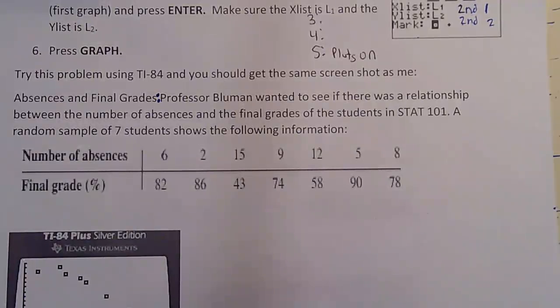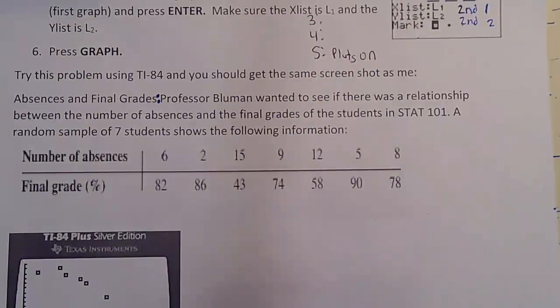And he picked a random sample of 7 students. So that's important. Remember the idea of randomness. Remember we talked about that on quiz 1 with the sampling techniques. So it's important to vary that, right? So a random sample of 7 students shows the following information.